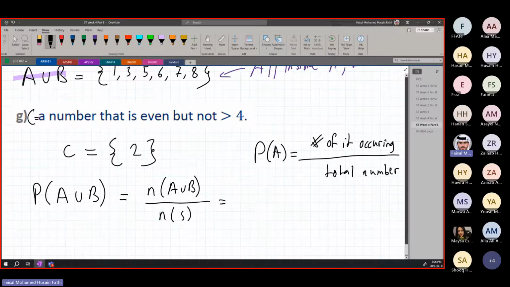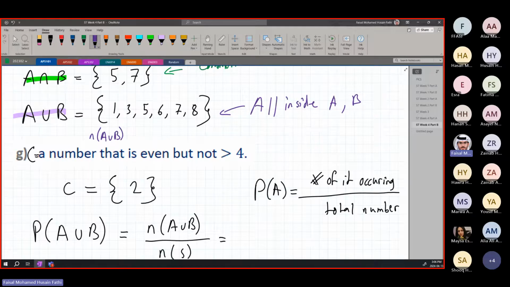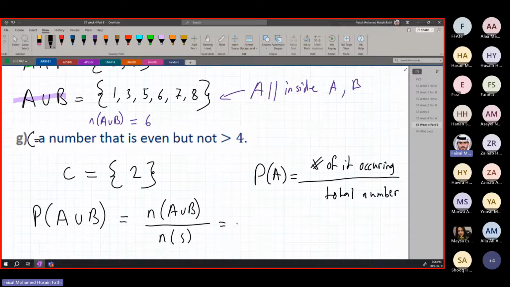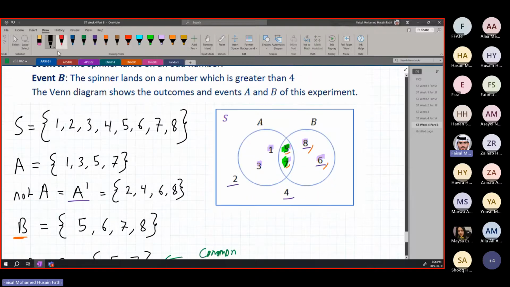So A union B, what is the number of it? We have 1, 2, 3, 4, 5, 6. So N(A union B) is equal to 6 because we have 6 values inside. So it's going to be 6 over, what was the N of our sample space? We never found it.